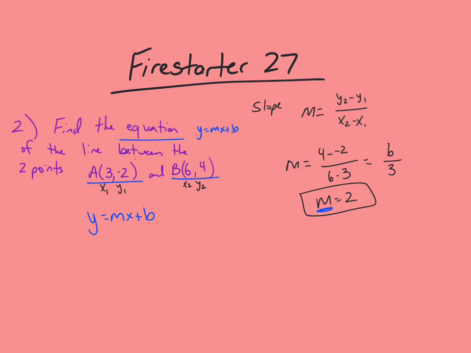I'm going to put 2 in for m, negative 2 in for y, and 3 in for x.